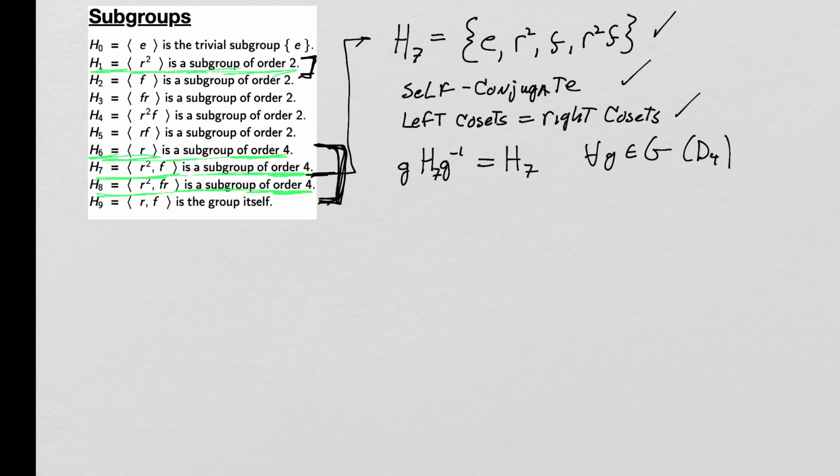But obviously, if I multiply this expression on the right by G, I just get GH7 equals H7G, which is the left coset equals right coset definition.